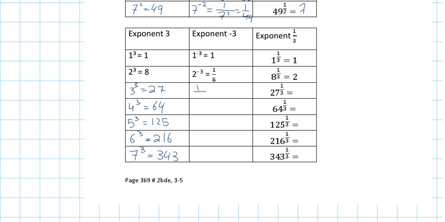So if you look at this, 3 to the power of negative 3 is 1 over 3 cubed, which is 1 over 27. And then if I have 4 to the power of negative 3, that's 1 over 4 cubed, which is 1 over 64. So we can guess the answer for the rest.